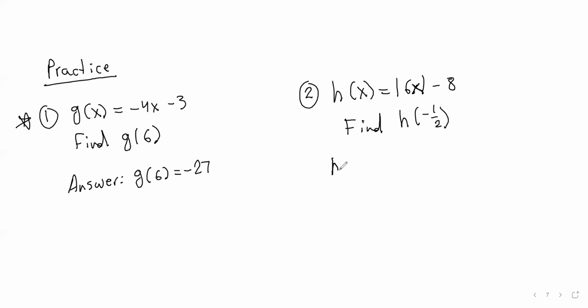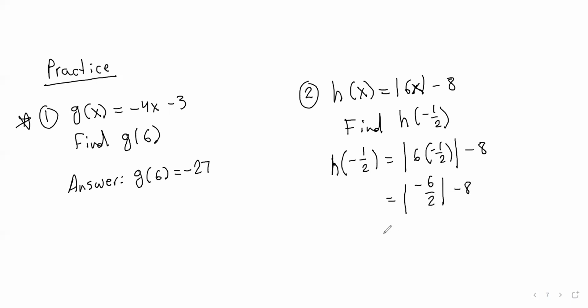So we have h of minus 1/2 is the absolute value of 6x becomes 6 times minus 1/2, minus 8. 6 times minus 1/2 is going to be minus 6/2. So this is the absolute value of minus 6/2 minus 8.